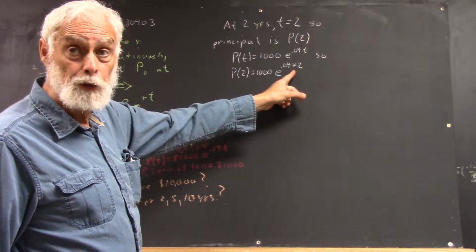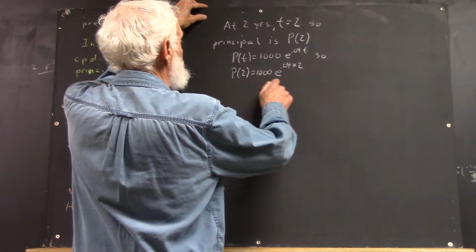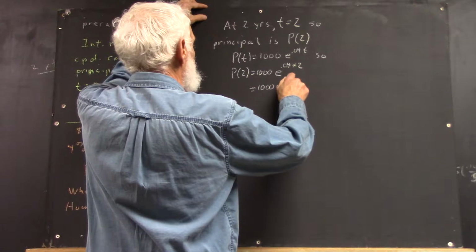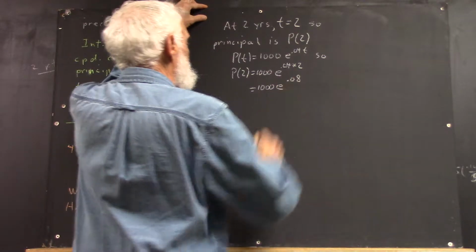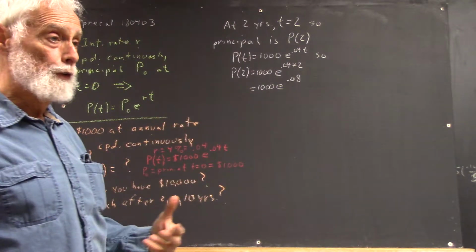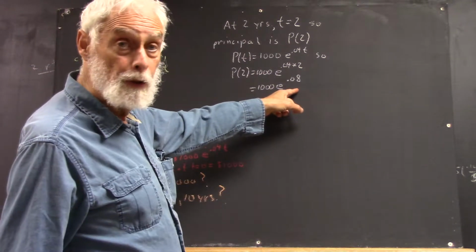There's nothing else we can do. So we do this. We get 1,000 e to the 0.08, right? Now what's the first thing? Again, there are no parentheses, but now we can do the exponent, e to the 0.08.